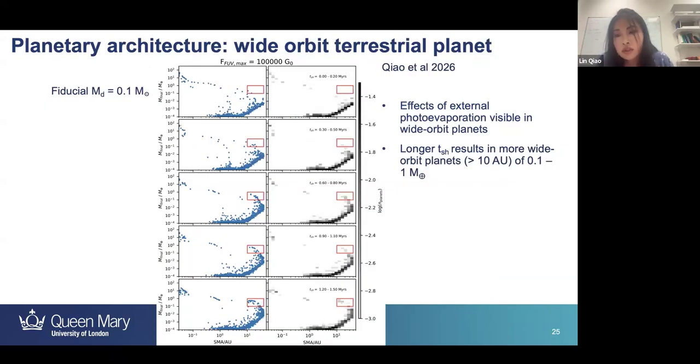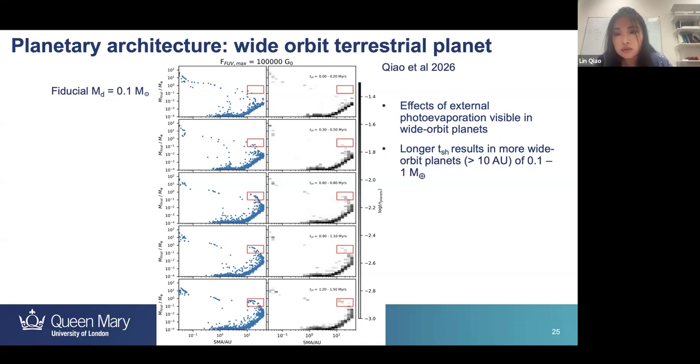In addition, we also discovered an imprint that external photoevaporation leaves on the wide orbit terrestrial planet populations in our simulation. Here on the left-hand side panel, we have a plot of the final planet mass on the y-axis and the semi-major axis on the x-axis for the final planet populations assembled in the fiducial disk mass of 0.1 solar mass.